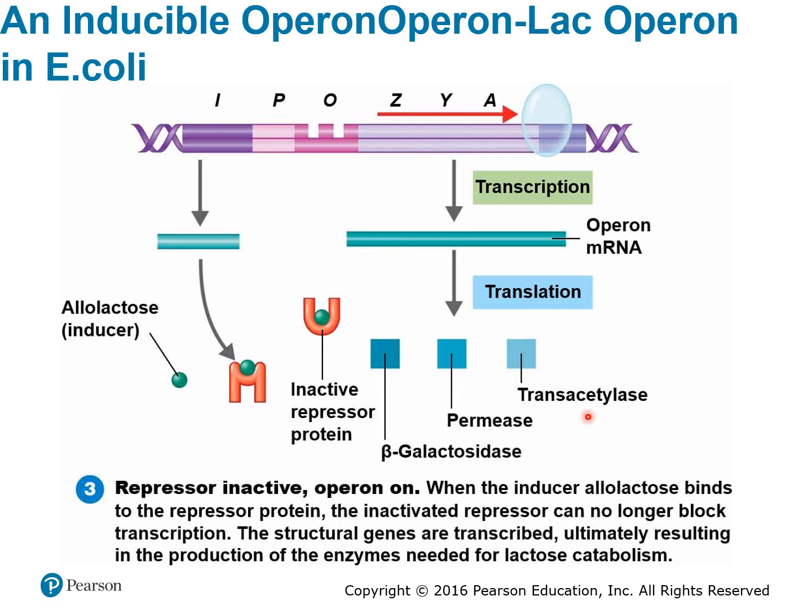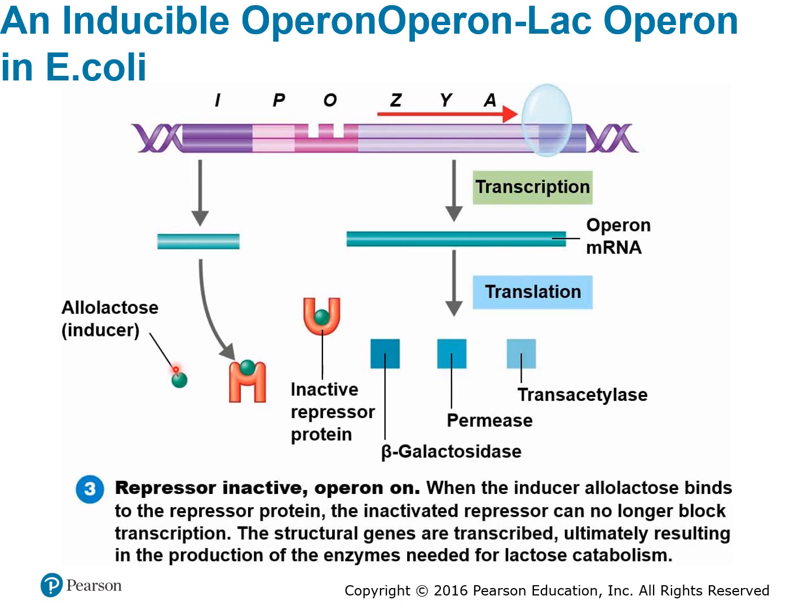So at the end of the day, for E. coli to really break down and metabolize lactose, those proteins need to be expressed. And the only way to express those proteins to help E. coli metabolize lactose is lactose itself.